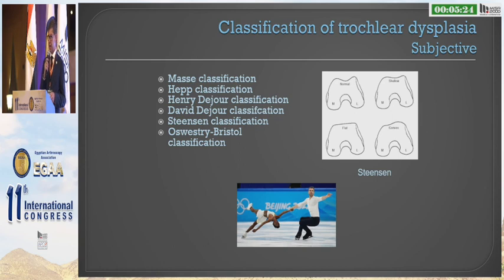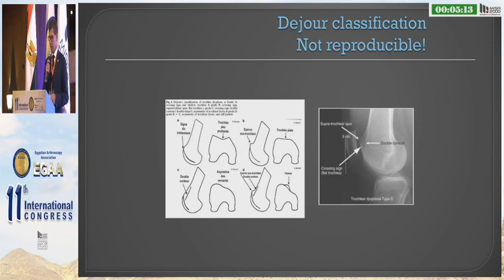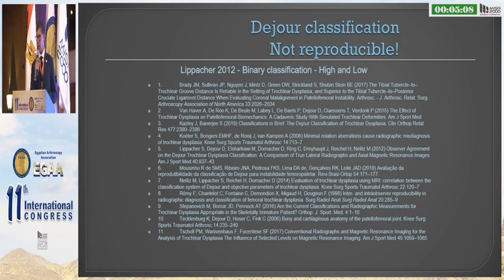There are these classifications of trochlear dysplasia. They are all subjective. There are even more classifications. And naturally, the most common is the Dejour classification. However, the Dejour classification is not reproducible. There are 11 studies out there saying that it's non-reproducible.